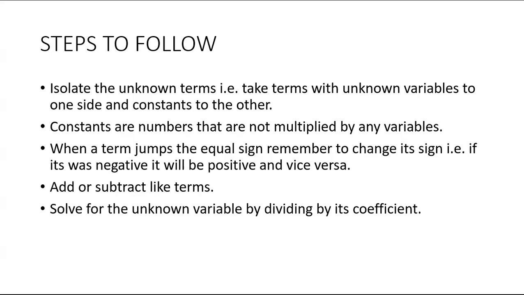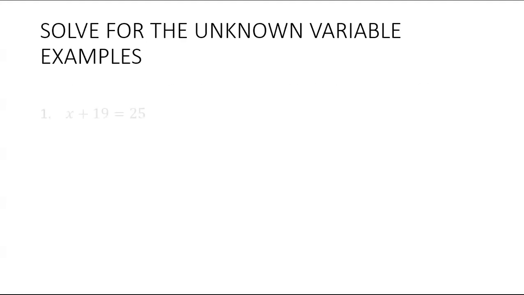That is the theory. Let us do an example. So here we've got x plus 19 is equal to 25. The first step, I said you need to isolate x. What does it mean when we say we are isolating?